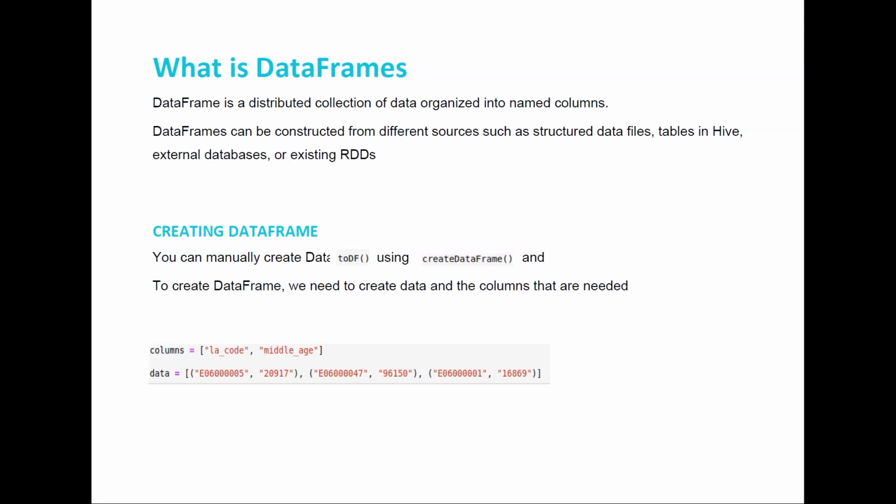So DataFrame is a distributed collection of data organized into named columns. It can be constructed from different sources such as structured data files, tables in Hive, external databases, or existing RDDs.